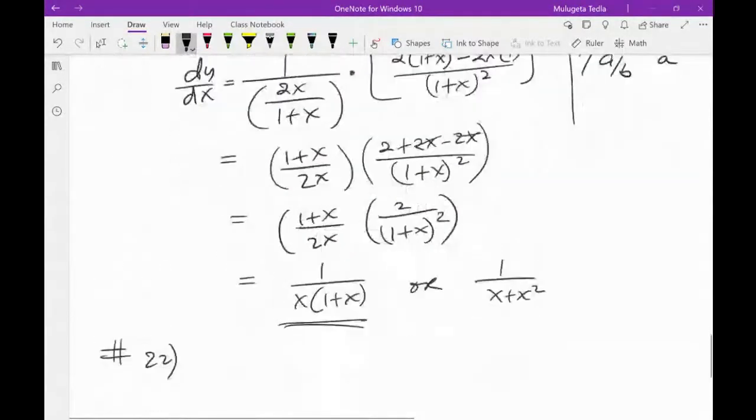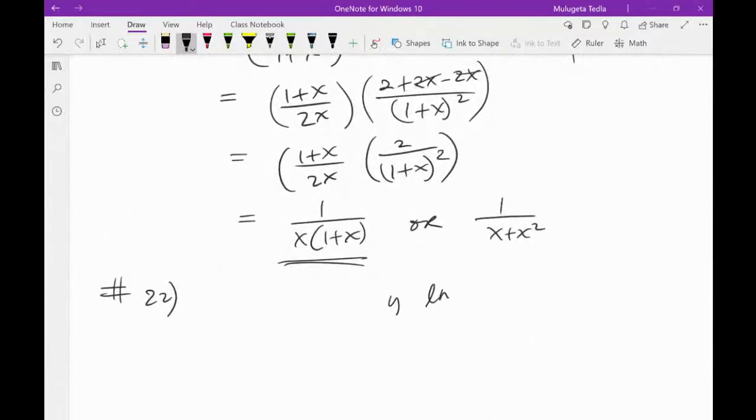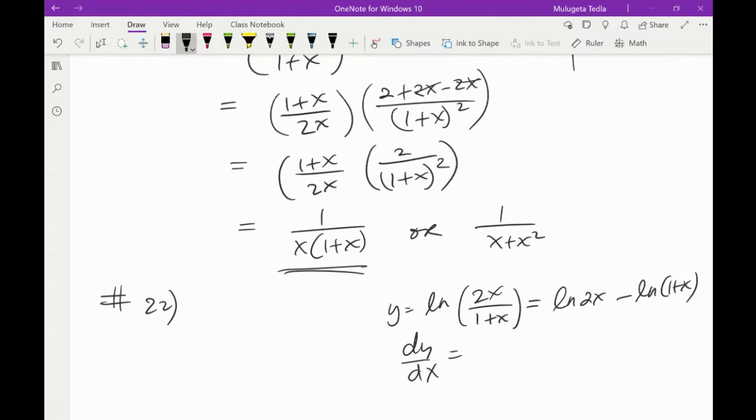You see, smart. So what is number 20? It is y equals ln of 2x over 1 plus x, right? By property of logarithms, before you find the derivative, you could write this as ln of 2x minus ln of 1 plus x. Now the derivative dy by dx: the derivative of ln of 2x is 1 over 2x, and the derivative of ln of 1 plus x is 1 over 1 plus x.